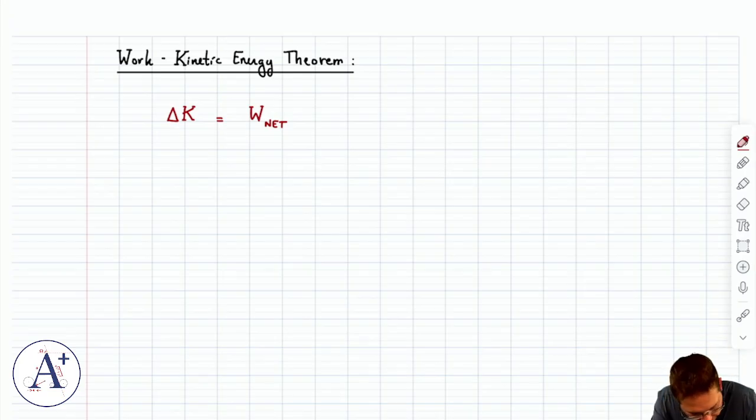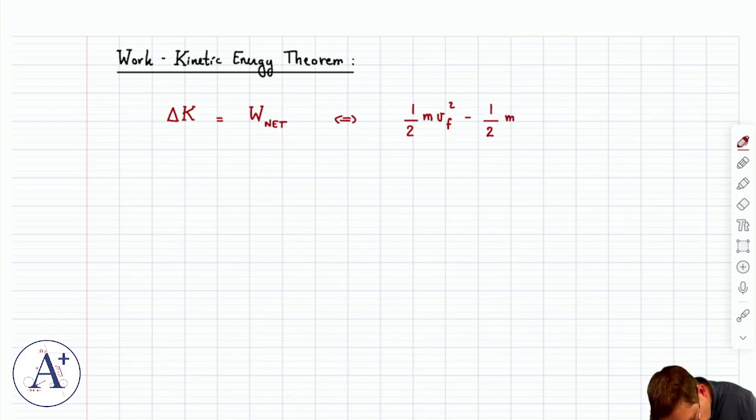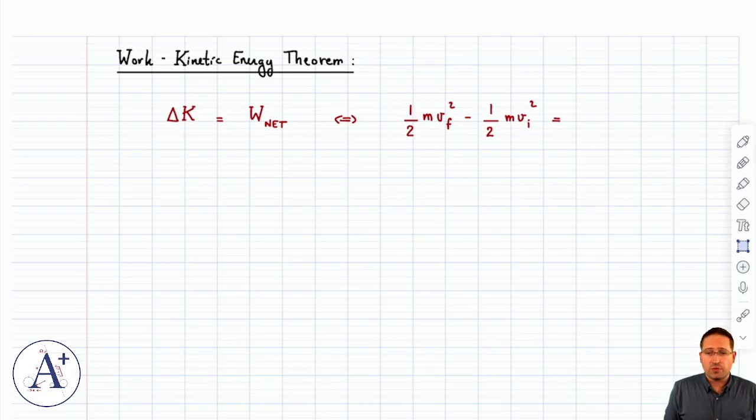And I'm going to rewrite this to make a point here like this. Now, delta K is easy. One of the reasons why it's easy is that kinetic energy is 1/2 mv squared for now. So delta K is the change, meaning it's going to be 1/2 m v final squared minus 1/2 m v initial squared. Very easy because we only know, for now, one type of kinetic energy. There are more, right?